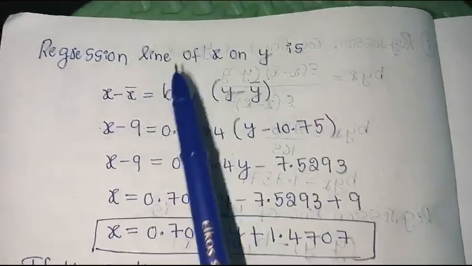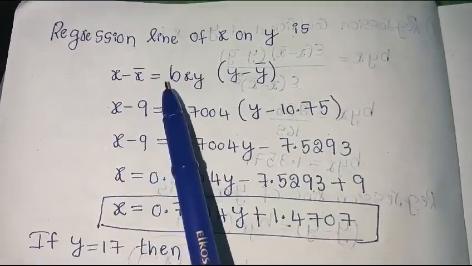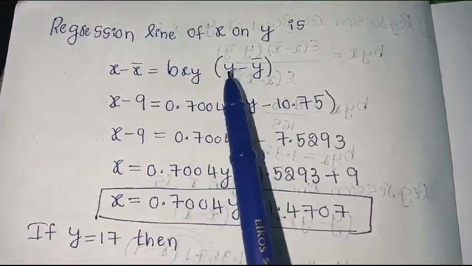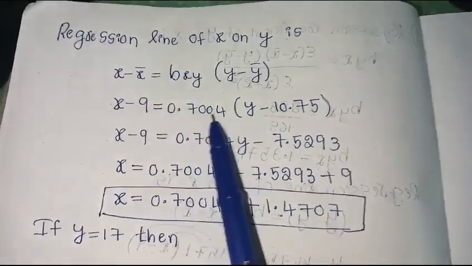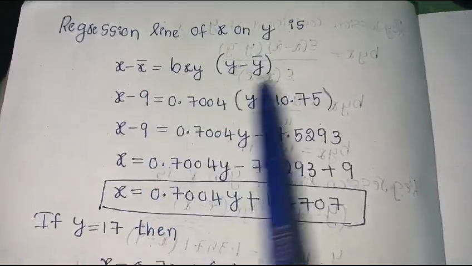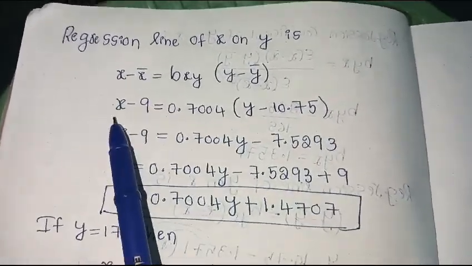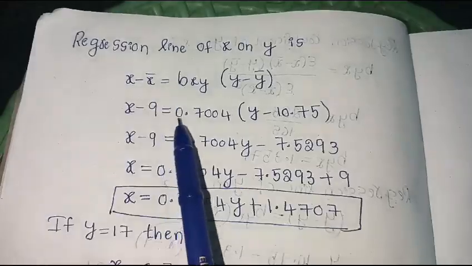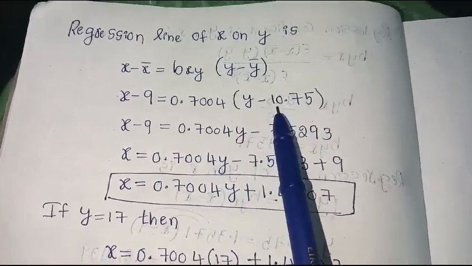We know that the formula for the regression line of x on y is x minus x bar is equal to bxy into y minus y bar. We already calculated bxy, which is 0.7004, x bar is 9, y bar is 10.75. So we substitute here, which is x minus 9 is equal to 0.7004 into y minus 10.75.